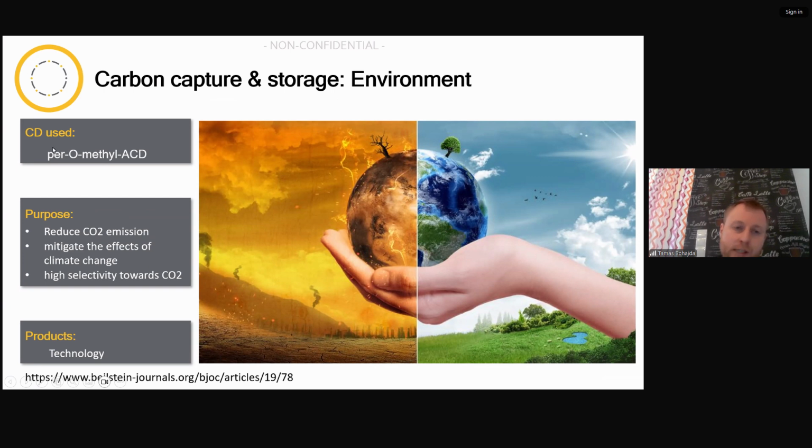So here you can see that this is not one of the common ones that we talked about, but it's something that has a high specificity towards carbon dioxide. And it was shown that technically it can extract carbon dioxide from the air, which could be potentially, who knows, a strategy in the future to reduce the effects of climate change and the greenhouse effect.